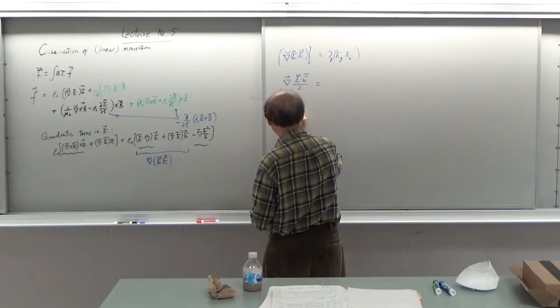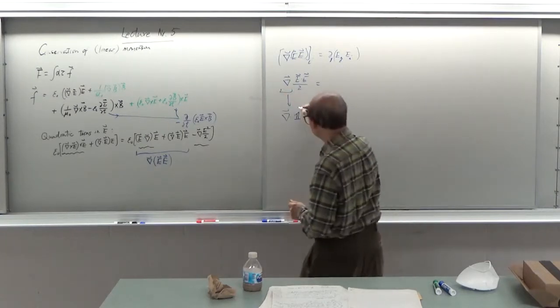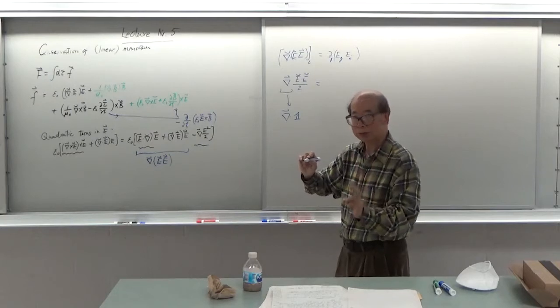Gradient vector dotted with a unit tensor which carries two indices.